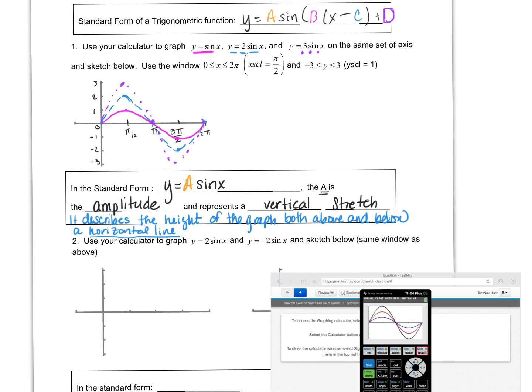That's important: it's a horizontal line passing through the, and I want to put this in quotes, middle of the graph.